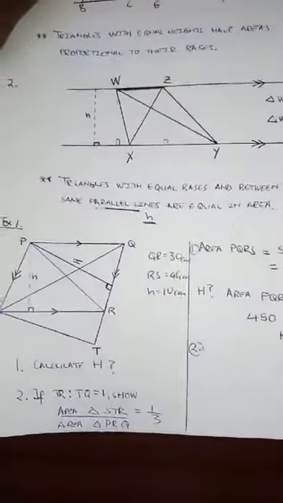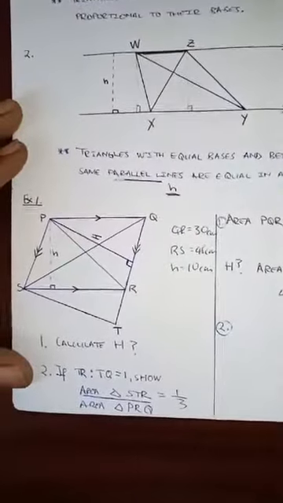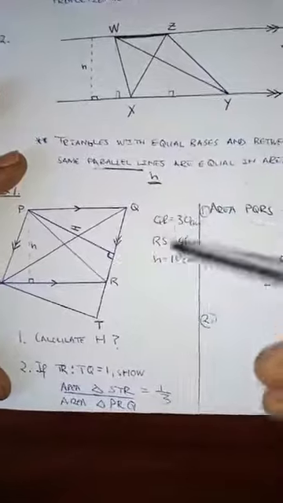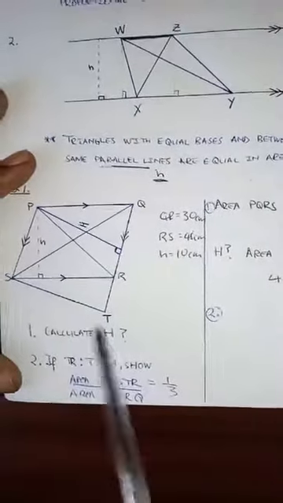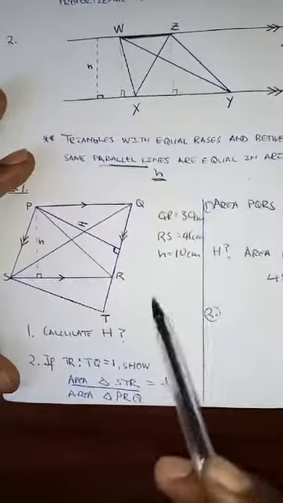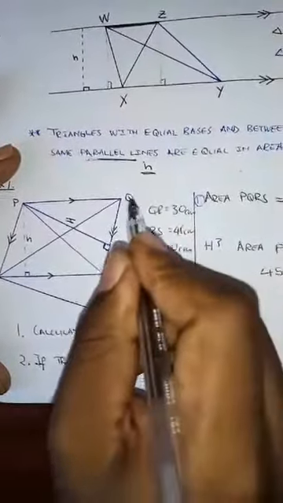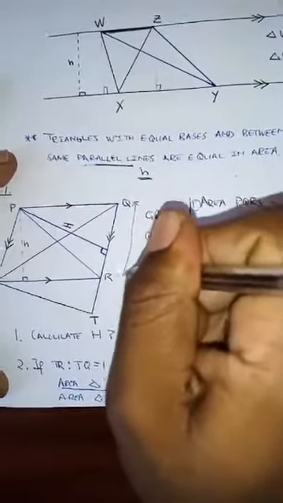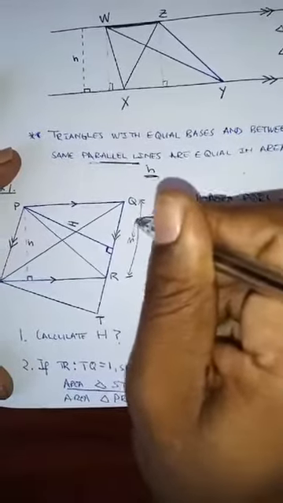Okay, so let's take an example. You have here a polygon PQTS, and you are given that QR is equal to 30 centimeters. So QR is that side, 30 centimeters.